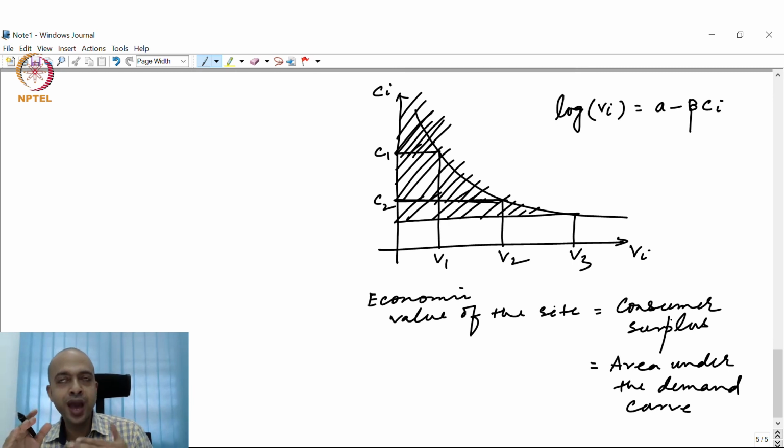If we add up the consumer surplus for all these 1000 individuals, that is the total economic value of the natural site or the park or whatever you are thinking of. This is the simplest way. So we need to collect information from 1000 individuals about the number of trips and the cost incurred, right?